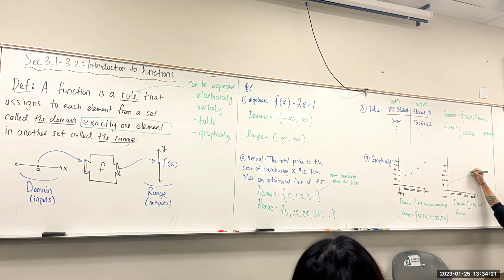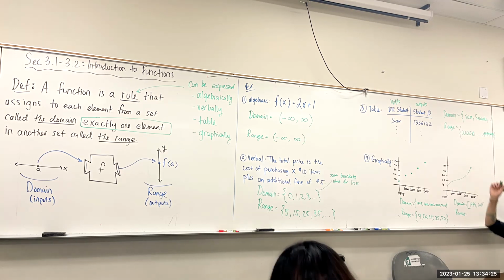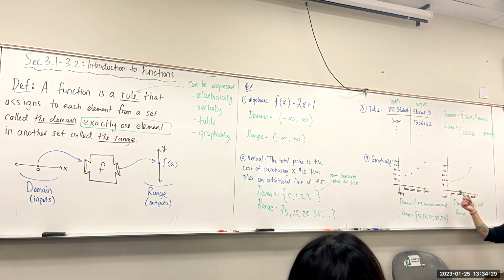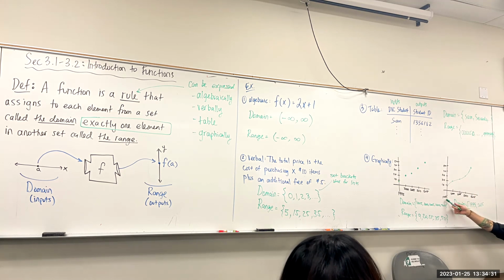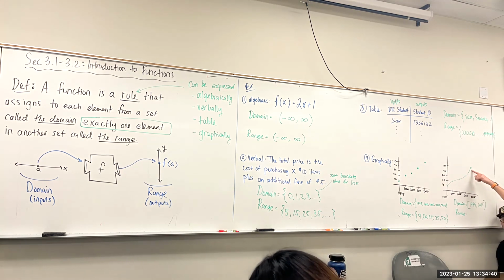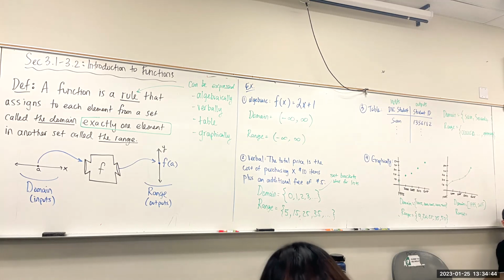Newton's website might throw something like this at you. Look, it'll put an open dot right there. If it puts an open dot, that means you include all the years from 1995 up to 2015, but you would not include the year 2015 because it does not have a point associated to it. That's how you would read those dots.